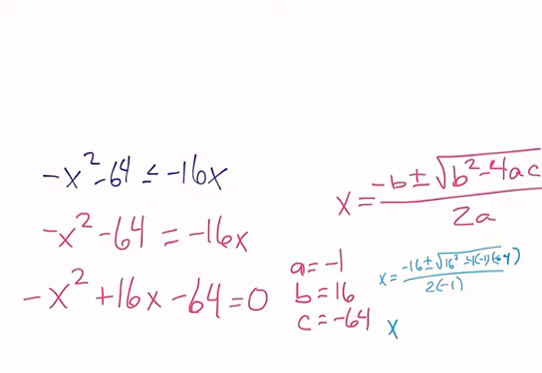Now, as I go to simplify, I'm going to start with that discriminant, the part inside the radical. 16 squared, I believe, is 256. And 4 times 1 is 4. 4 times 64. Guess what? Well, that's also 256.